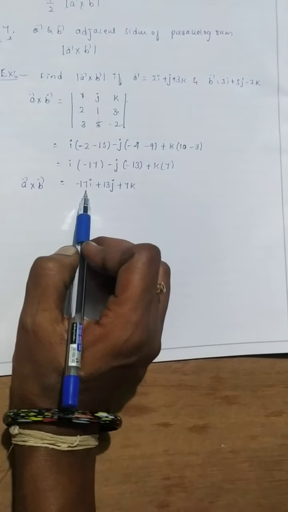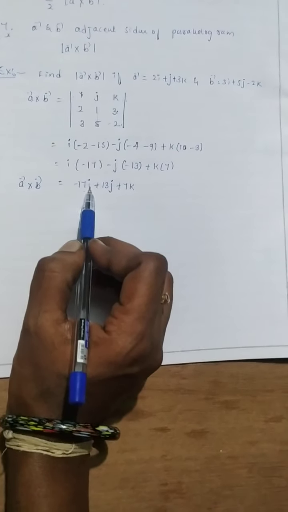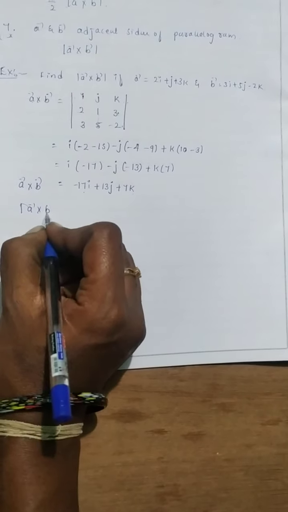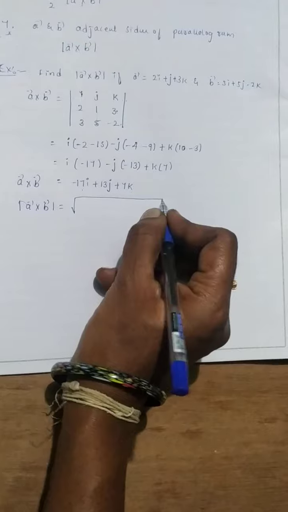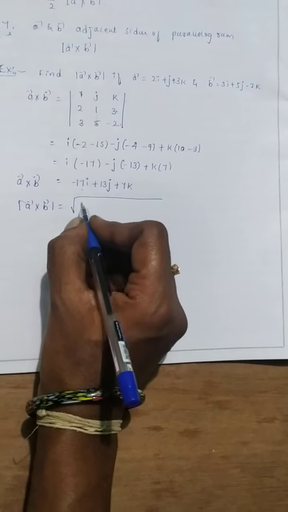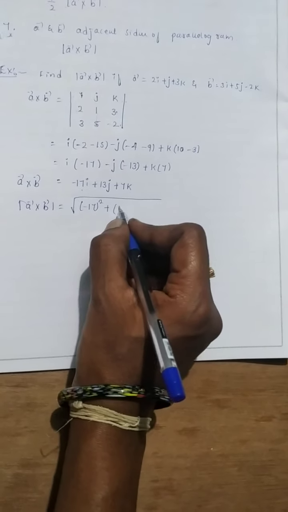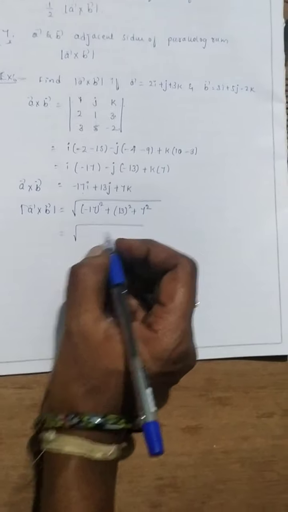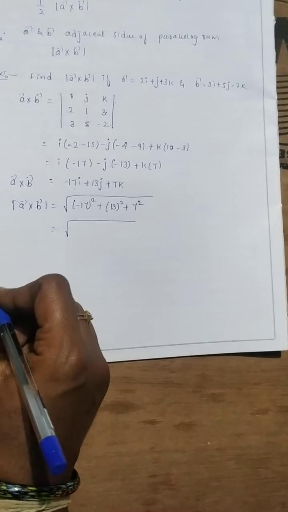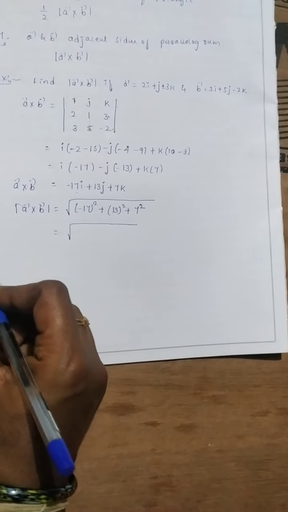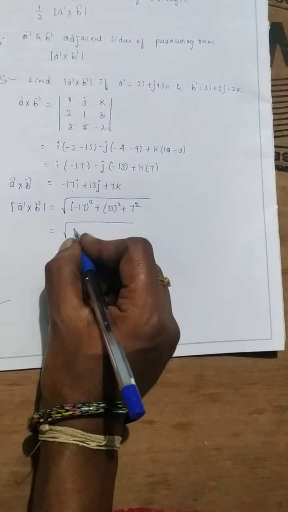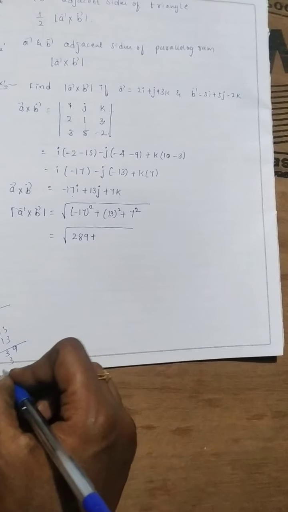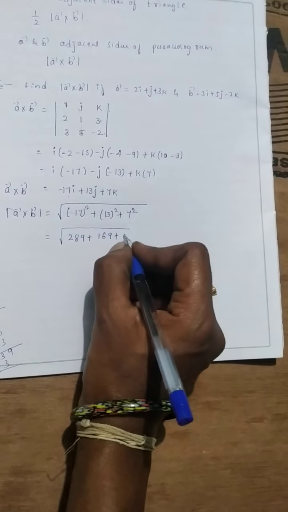Next, here we also need to find the magnitude. As I said, the result of a cross product is again a vector, so there will be ijk components. Now the magnitude of vector A cross vector B is equal to the square root of the coefficient of i, minus 17, squared, plus 13 squared plus 7 squared. 17 squared is 289. 13 squared is 169. 7 squared is 49.